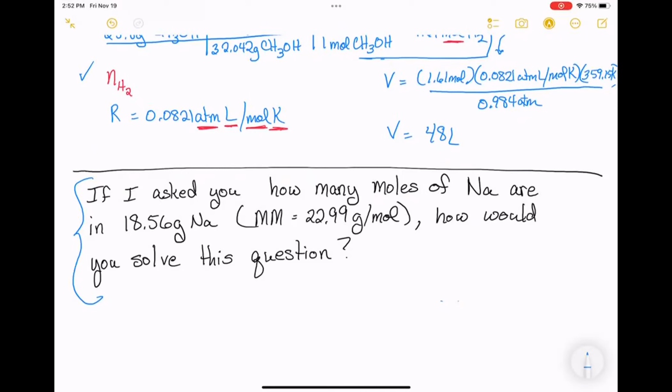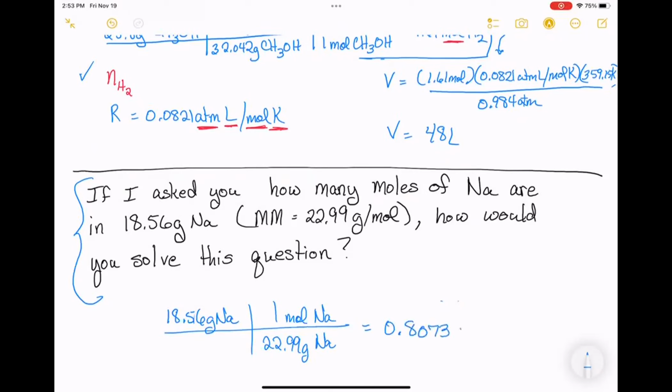Okay, so basically, folks, from everything we've done so far, if you take 18.56 grams of sodium, you would then use 22.99 grams of sodium is 1 mole of sodium. And you would wind up getting 0.8073 moles of sodium.